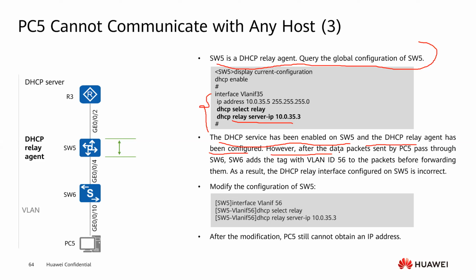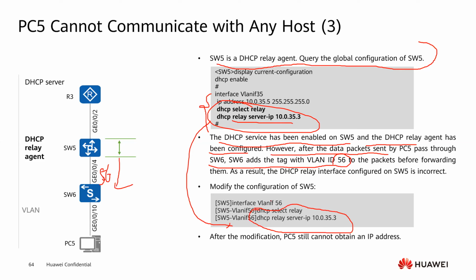However, after the data packet sent by PC5 passes through SW6, it must be tagged with the VLAN ID 56 before forwarding. So we must configure this command on VLAN 56, because the VLAN here is 56.